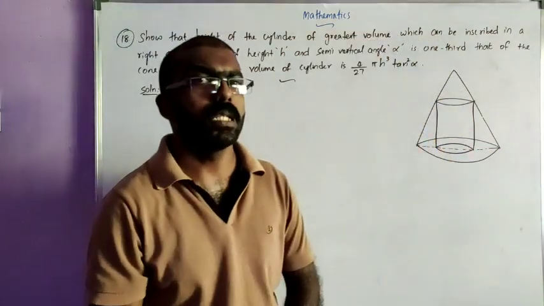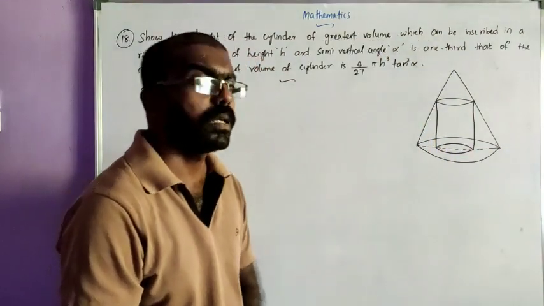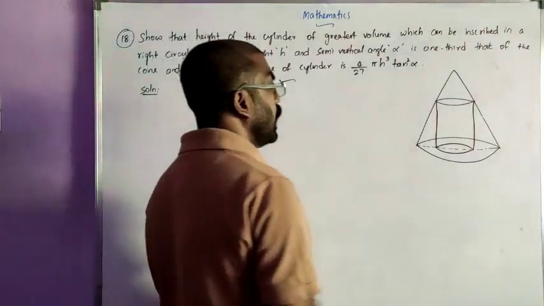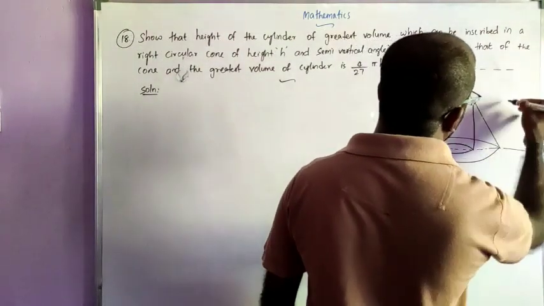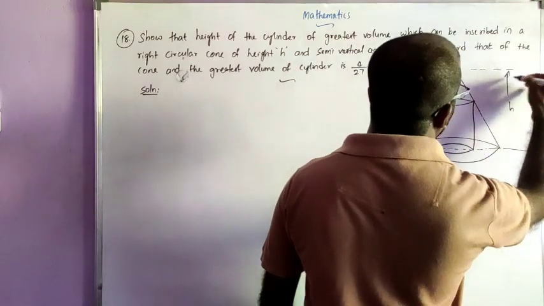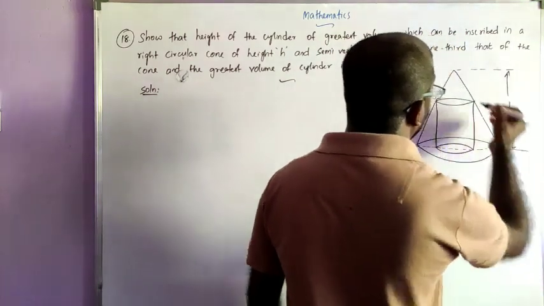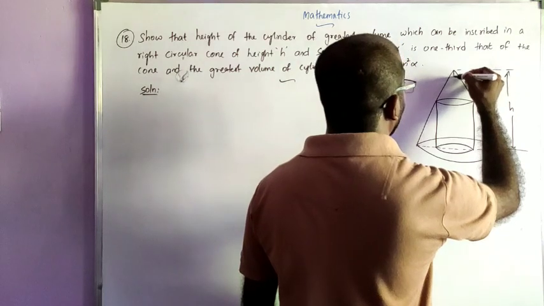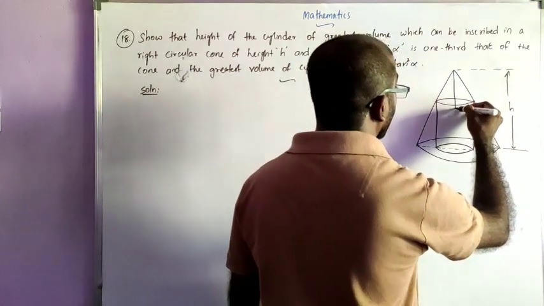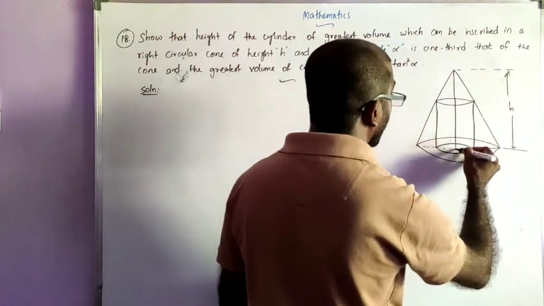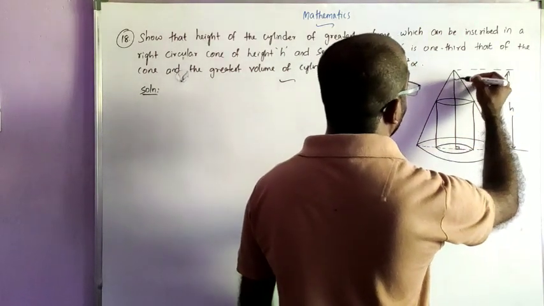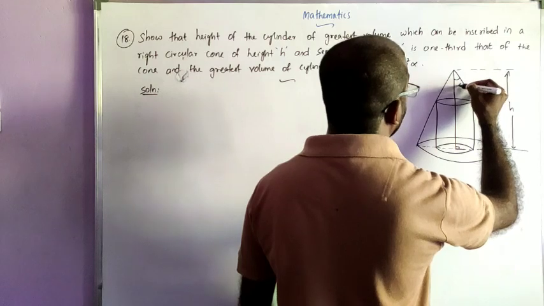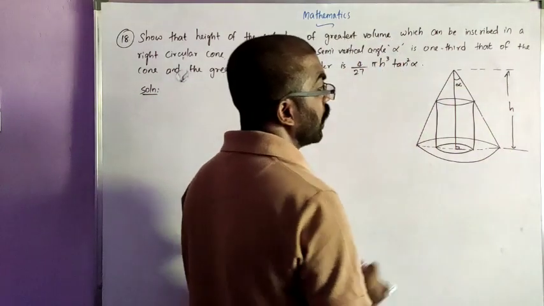Okay, here the cylinder is inscribed in a right circular cone of height h. The total height of the cone is small letter h. And for the semi-vertical angle, we can mark on the perpendicular or the height. This angle is known as the semi-vertical angle. Here it is alpha.